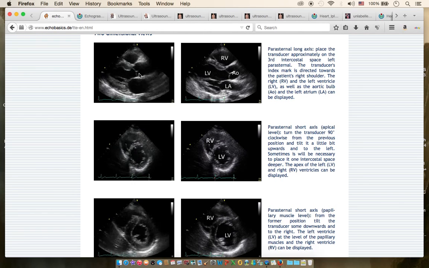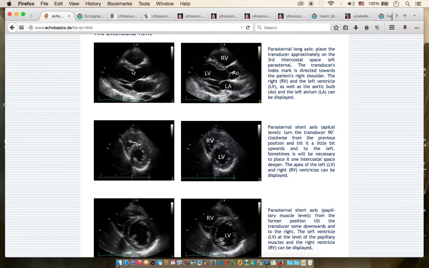If you see there is a continuation between them, that means the patient mostly doesn't have VSD. And this is the mitral valve, this is the anterior leaflet, this is the posterior leaflet, this is the chordae tendineae, and this is the papillary muscle. This is the posterior wall of the left ventricle.